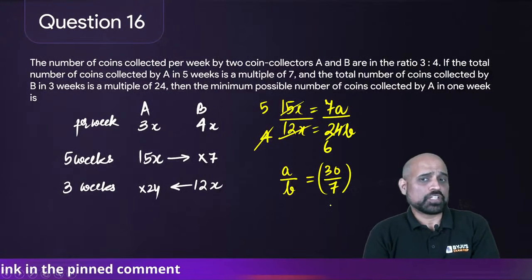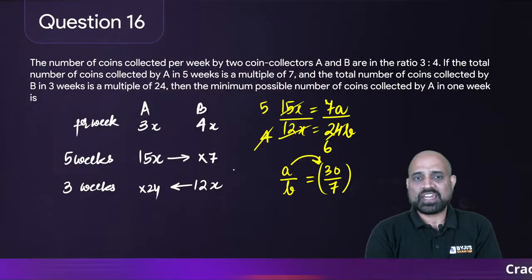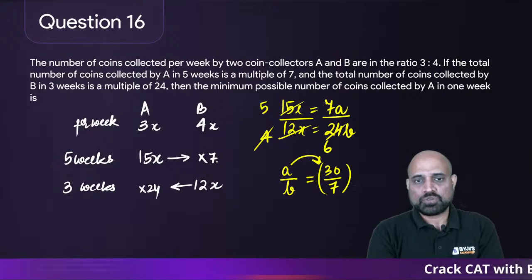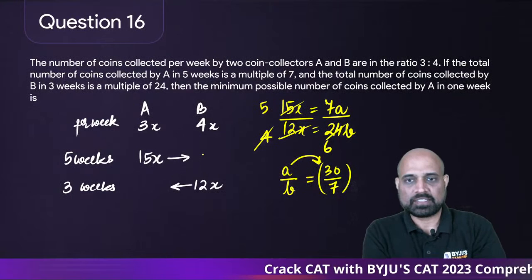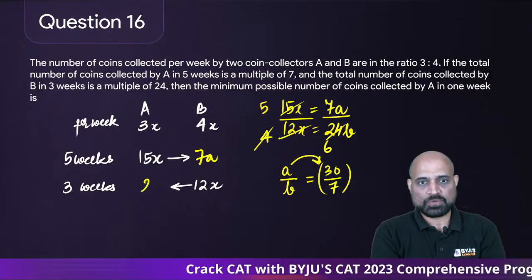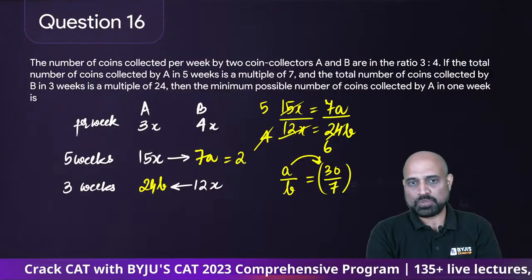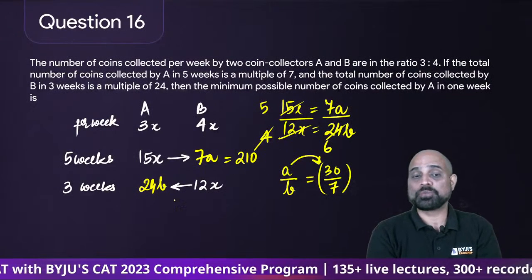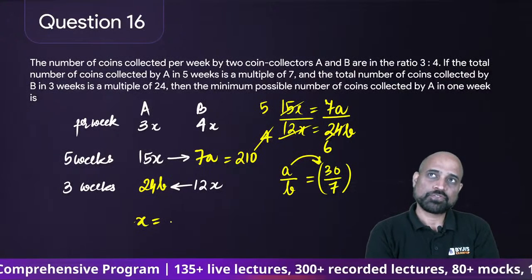Now you can't further reduce 30 and 7. So देखा जाए तो A जो होगा वो 30 होगा. So if A is going to be 30, so ये, let's remove these two and let's write this as 7A and 24B. So if A is going to be 30, this will turn out to be 210. If this turns out to be 210, x will turn out to be 150 plus 60.